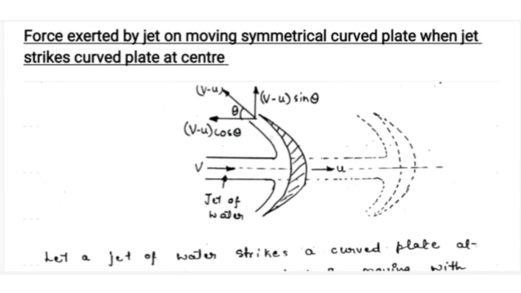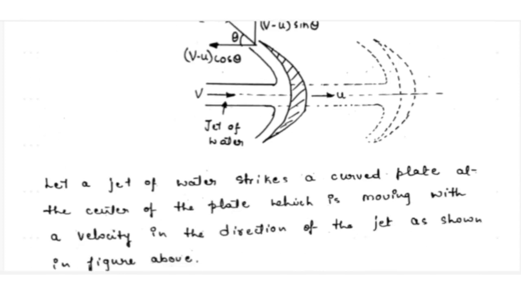In the direction of jet you can see after striking, this is the component of the velocity, but this is acting in the direction opposite to the direction of jet. You can see it is acting towards the left side, whereas jet is acting towards the right side. So we have to put here minus v minus u cos theta.